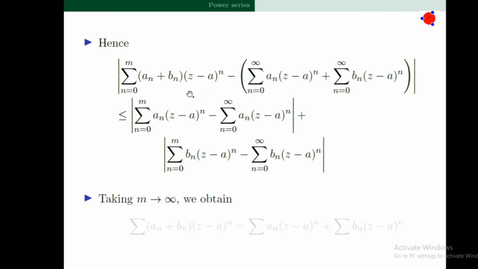And this means that this sequence of partial sums converges to this limit. That means that the series sigma (an plus bn) into (z minus a) the whole raised to n converges to the sum sigma an into (z minus a) the whole raised to n plus sigma bn into (z minus a) the whole raised to n.